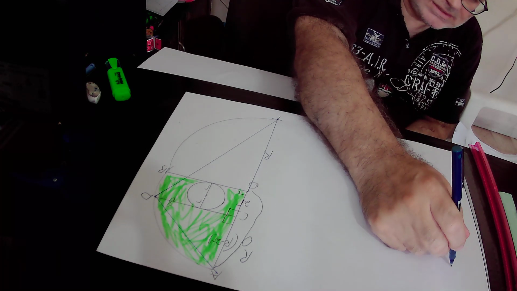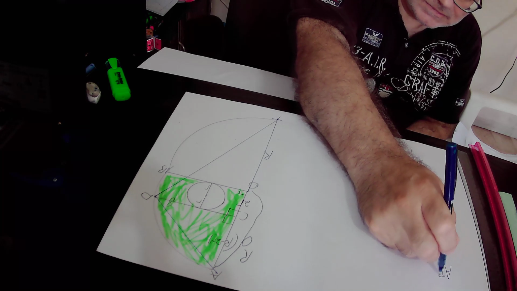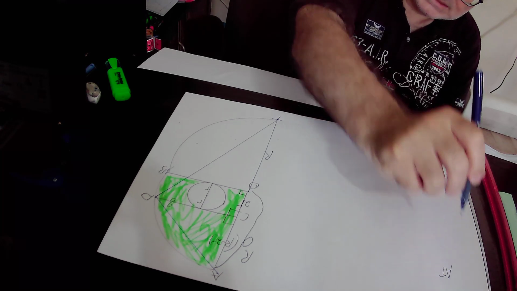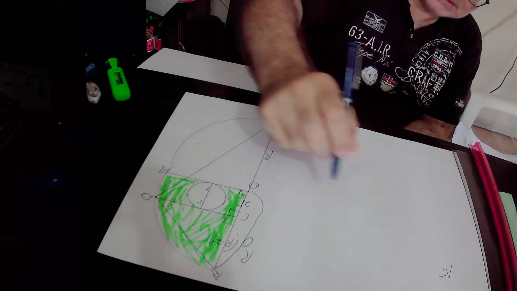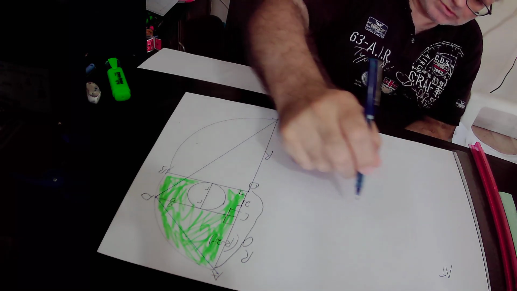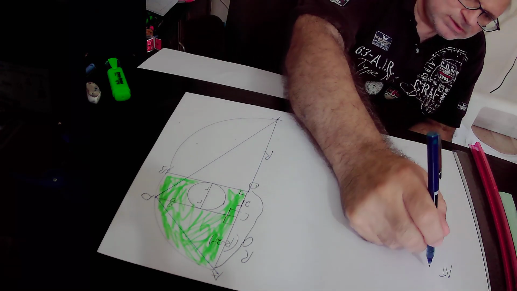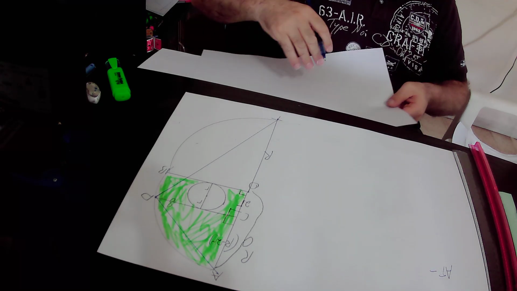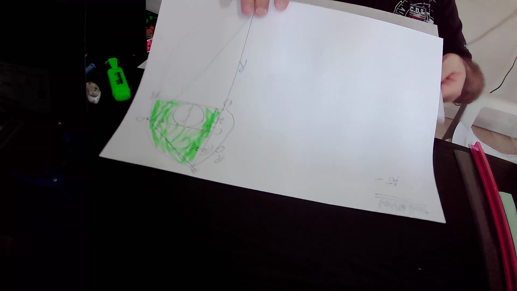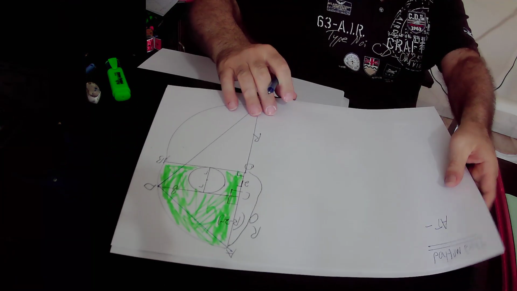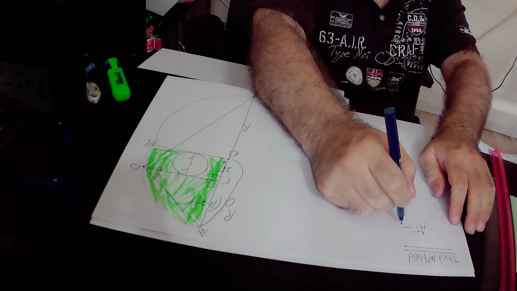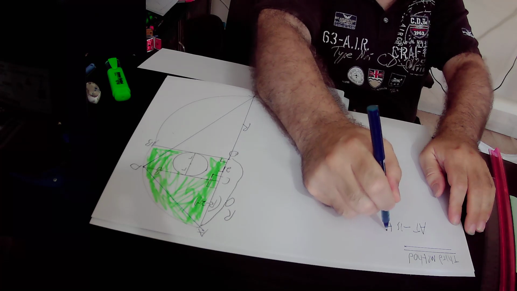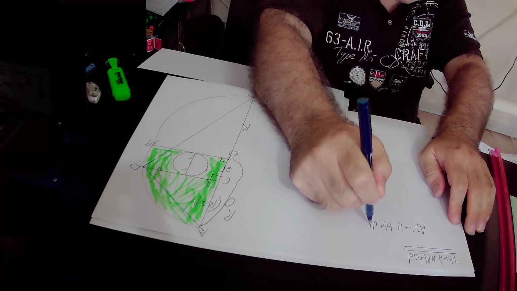So chord AT, that passes through the center of the semicircle, that is to say through point O, is the diameter of the semicircle.